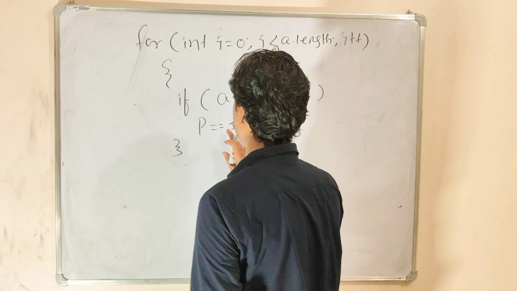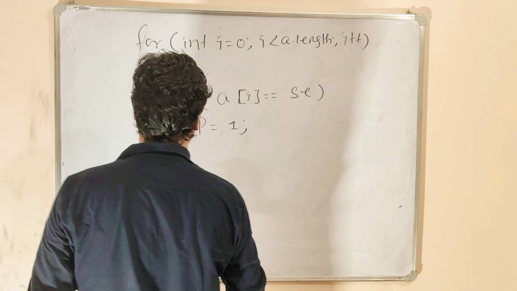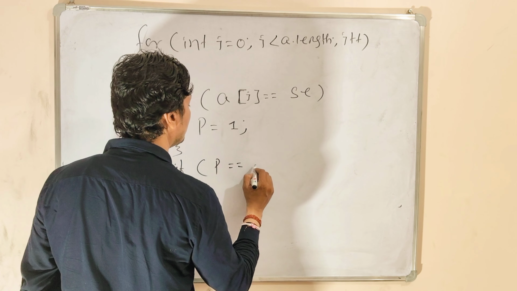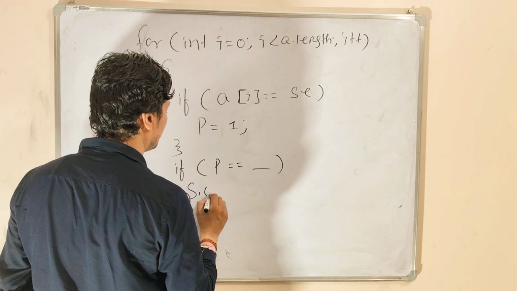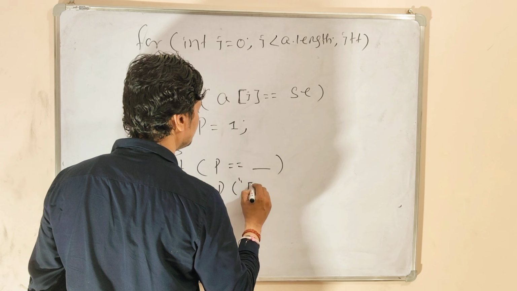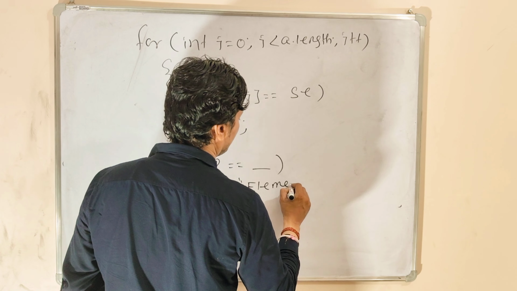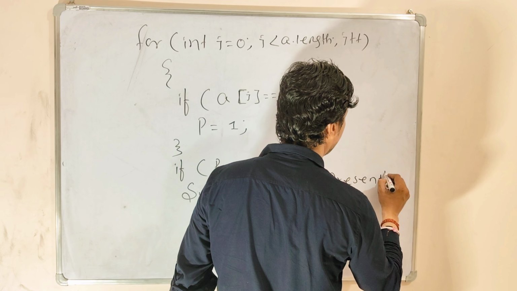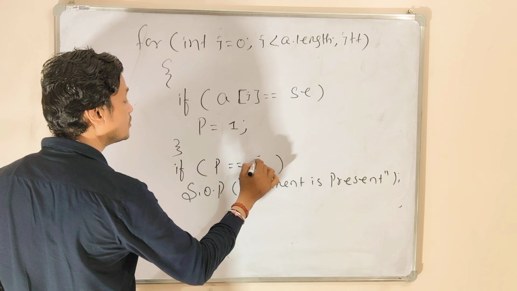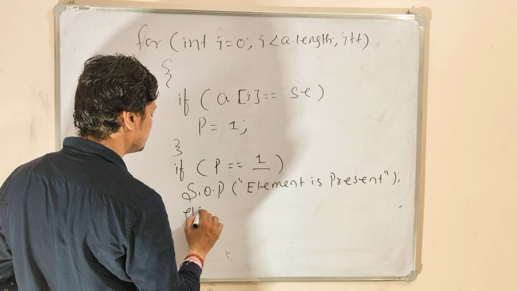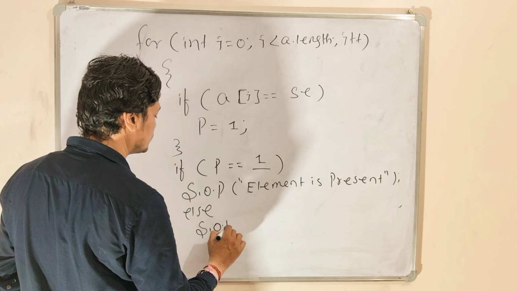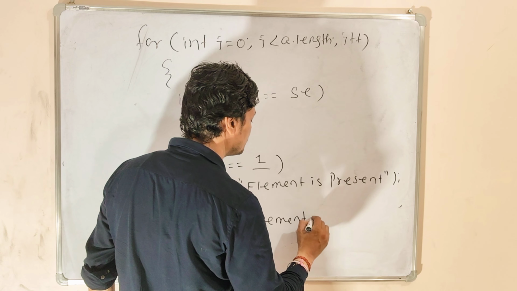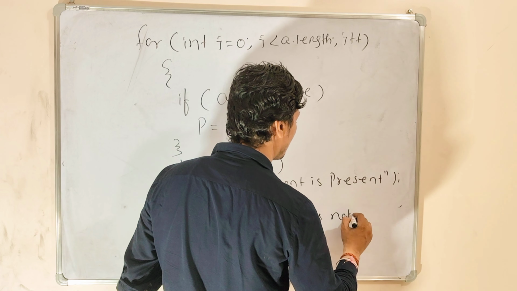Then if p double equals 1, print element is present, else print element is not present.